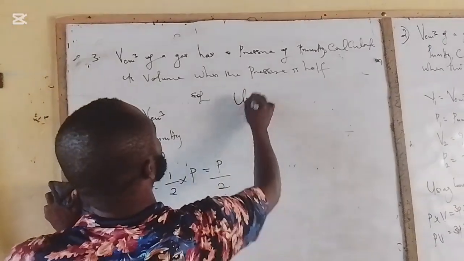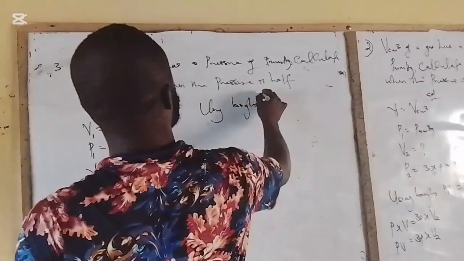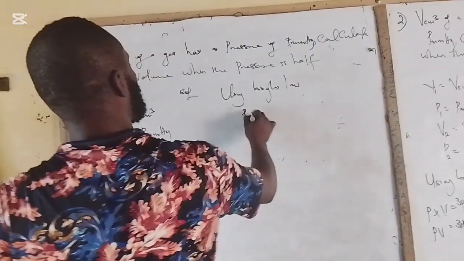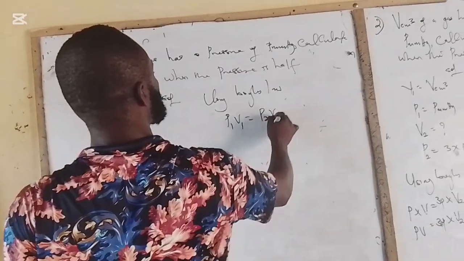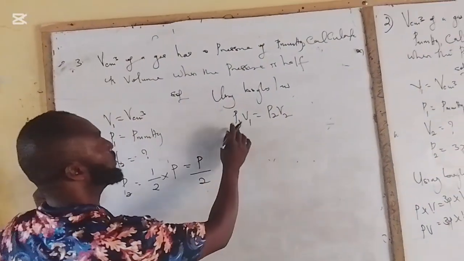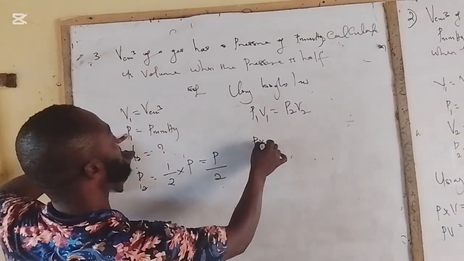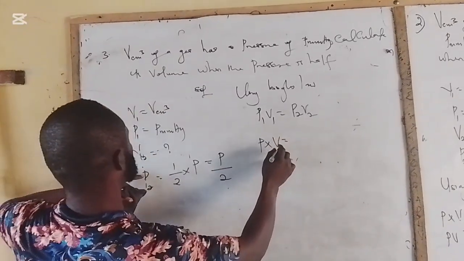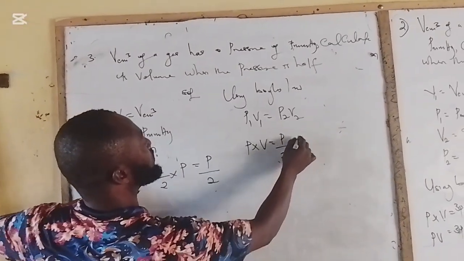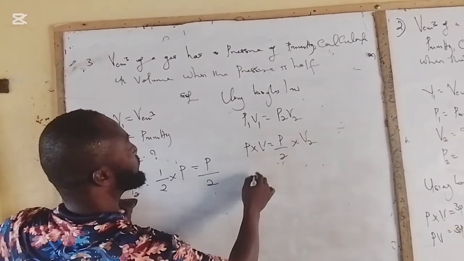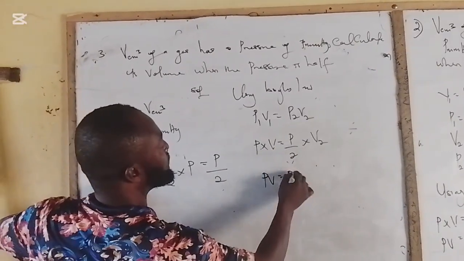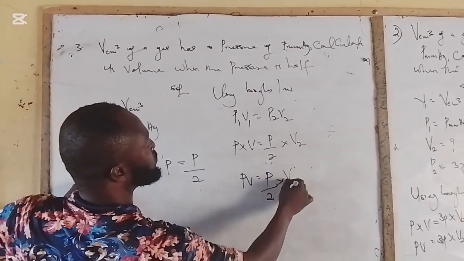Now, using Boyle's law, which is P1 V1 equals P2 V2, we are going to have that P1 is P, V1 is V, equals P2 is P over 2, V2 unknown. P times V is PV equals P over 2 times V2.